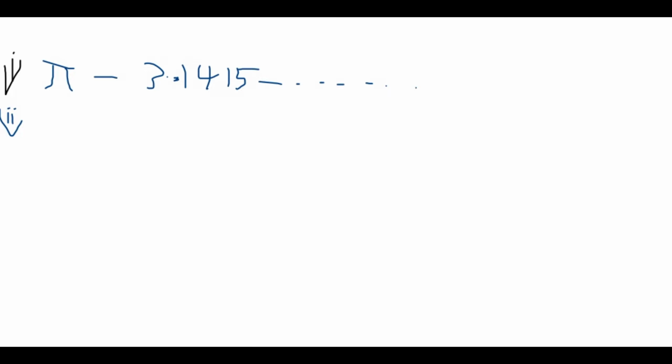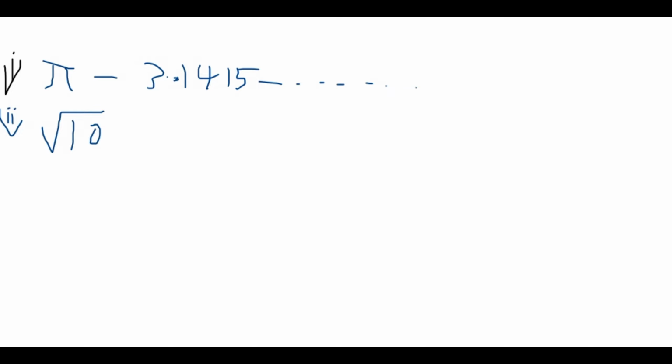Another category of irrational numbers is when numbers have non-recurring decimals, and this can be seen in the square roots of non-perfect squares. For instance, we have the square root of 10.